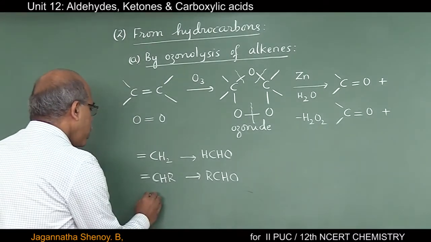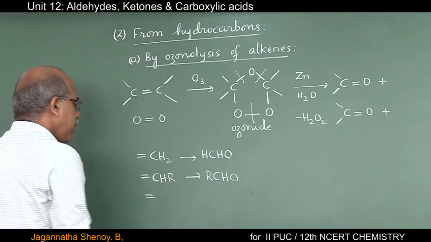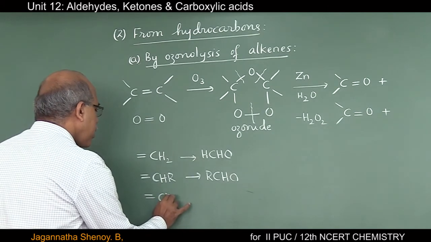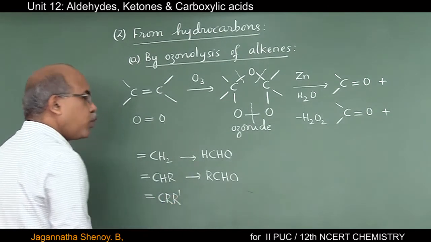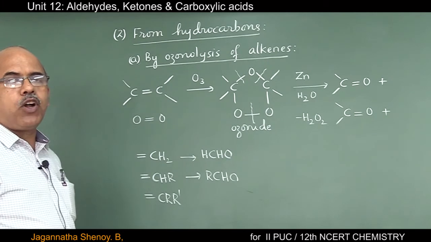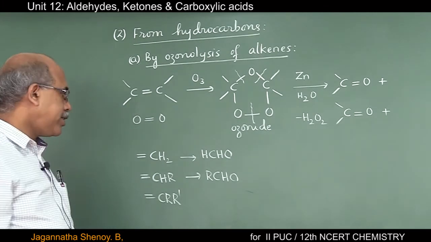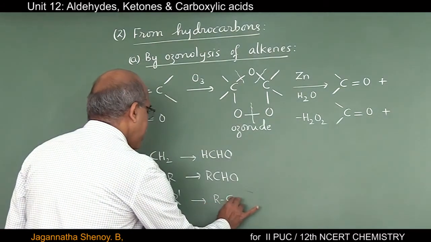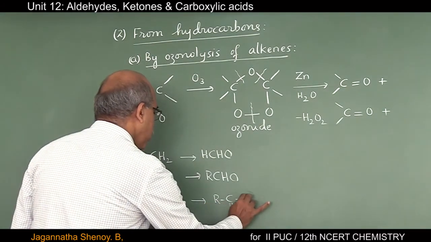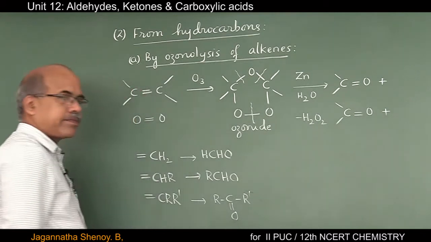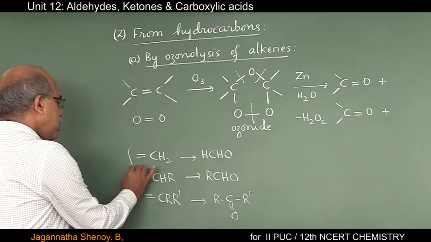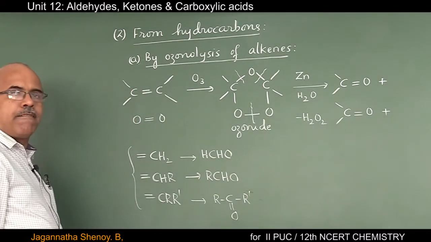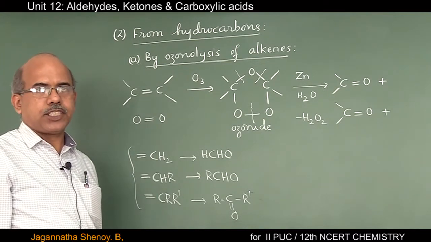So during ozonolysis, if the alkene contains a group of the type double bond CRR dash, then the product of ozonolysis will be RC double bond O R dash. And these points are very, very important for your competitive examination.